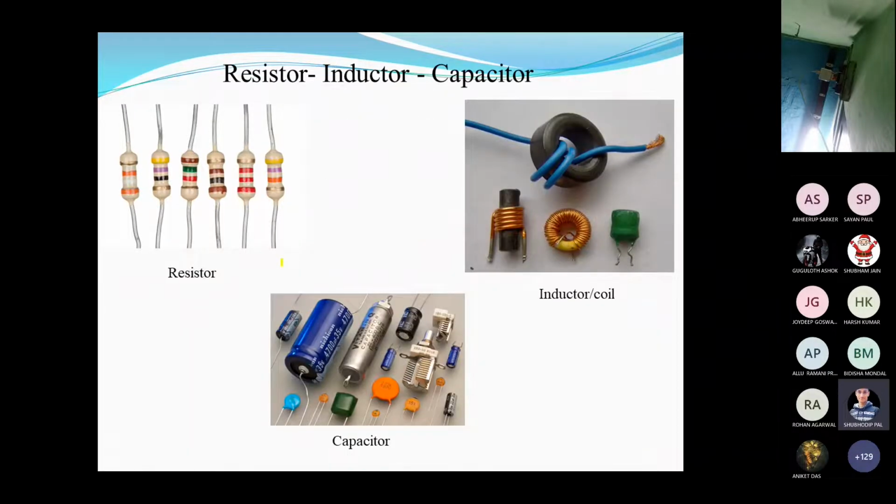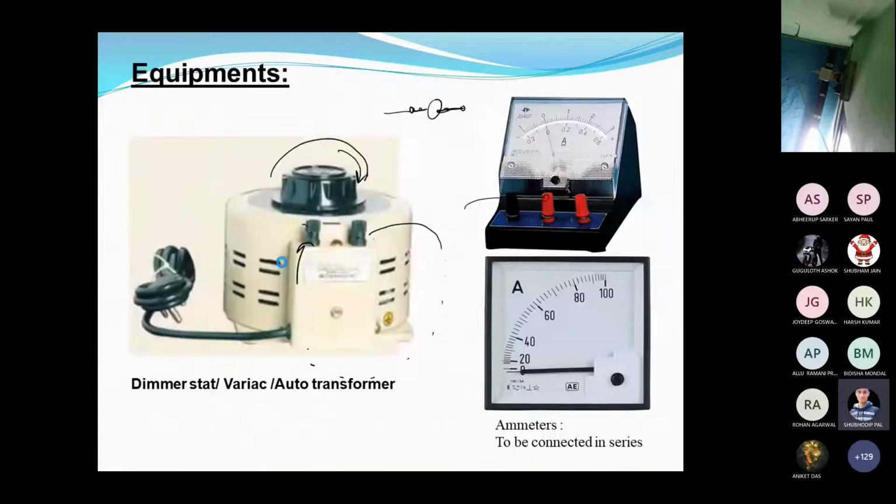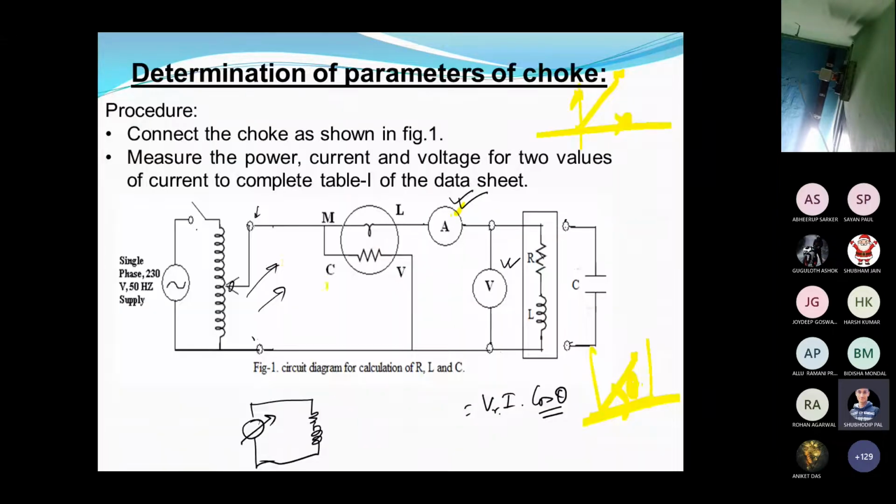So these are the resistor, inductor, and capacitors. They look like this. Now, for measurement purposes in this experiment, by adjusting the knob, you can see this can be rotated in order to vary this.